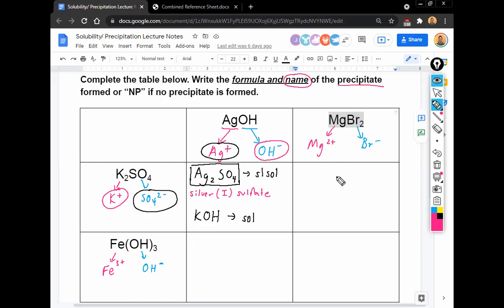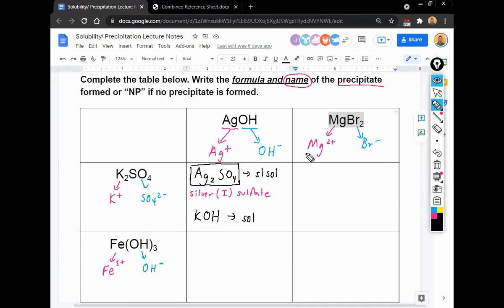Okay, we'll do one more together, and I'll have you try the other two on your own. And again, if at any point you feel confident doing this, you can skip ahead, work on it, and then check your answers with me at the end. For the next box, we're going to be combining AgOH and MgBr2.